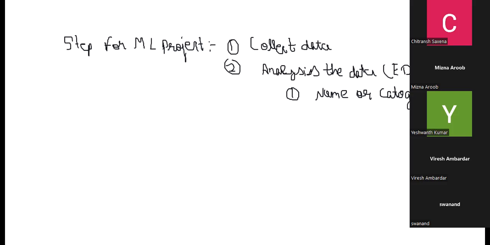You all know how to check whether the data is numerical or categorical. The second part, missing values. First of all, check whether there are any missing values inside my data or not. If there are, there are many methods to fill the missing values.